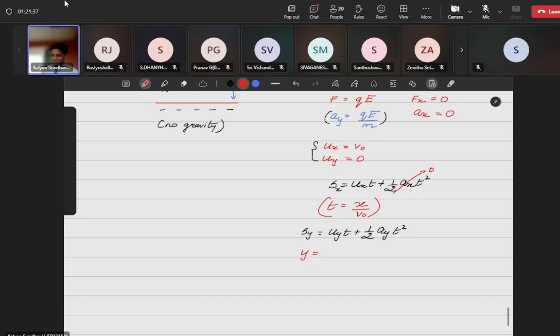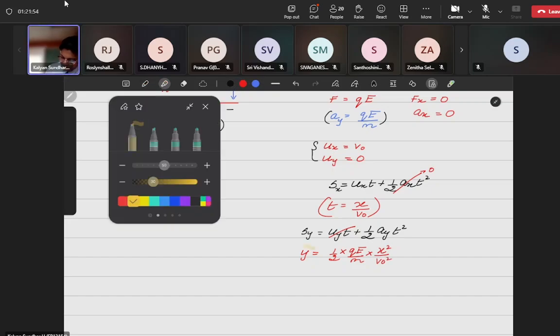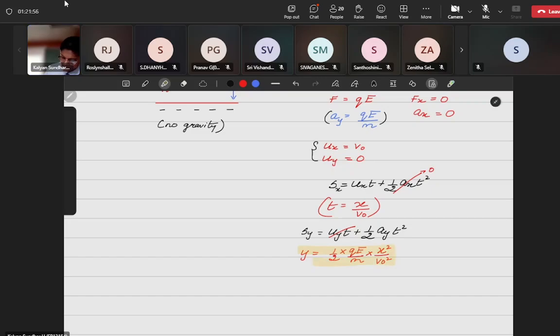So this will be 0, plus half into ay, which is qE by m, into t square, which is x square by v0 square. So this will be the deflection. Have you found y with respect to your x parameter?